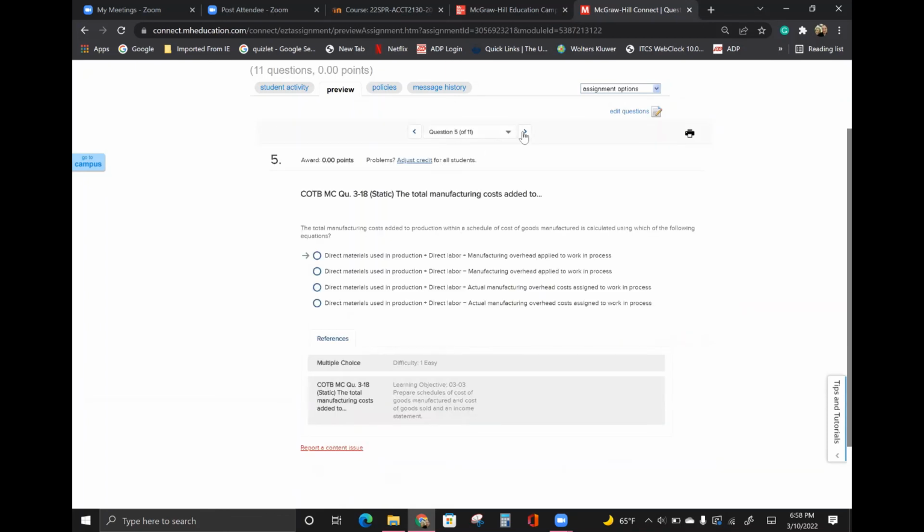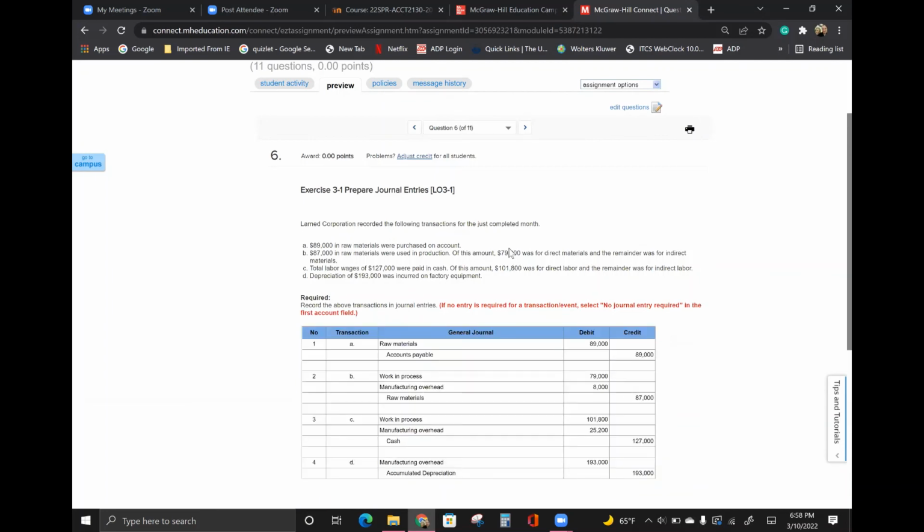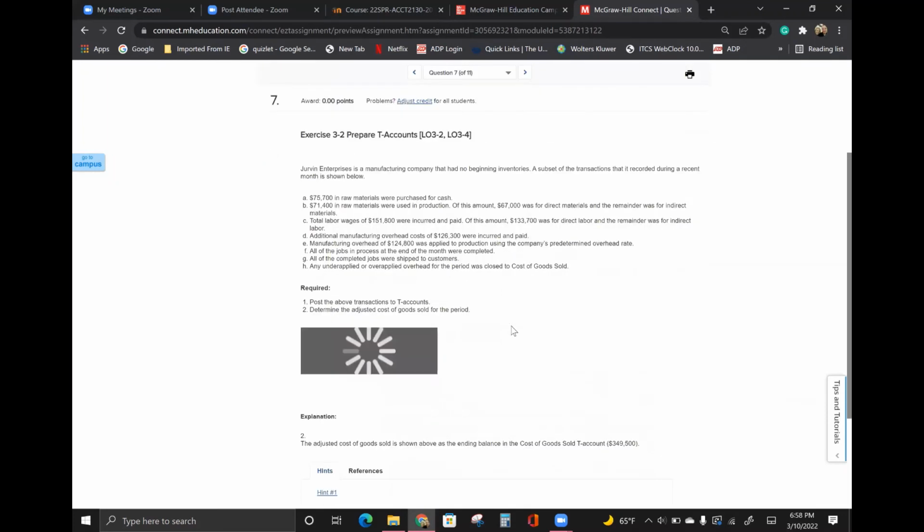Okay, so on problem 6, it'll be some journal entries. And it's just giving you 4 different things that have happened. So it's saying 89,000 in raw material was purchased. So you have to do the journal entry for that. It's just going to give you that information so you can walk through the slides if you get stuck to see how to do those journal entries.